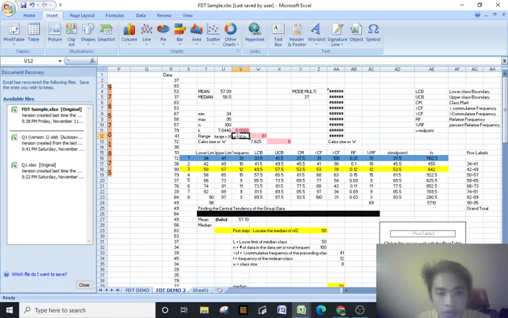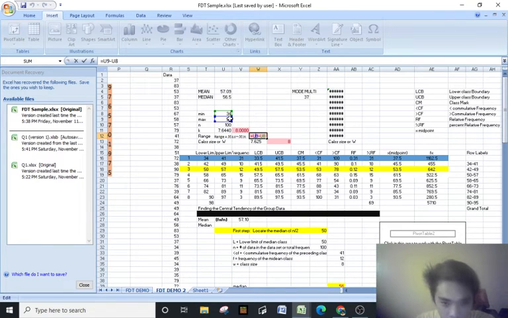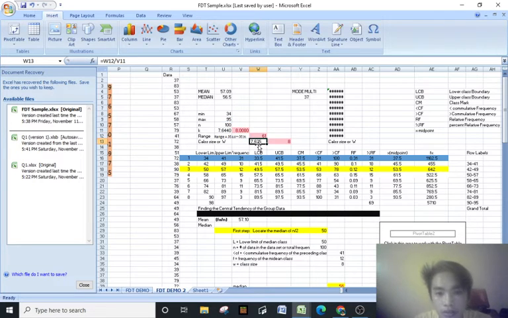Then to get the range, you must subtract the min from the max. U9 minus U8, so it's 95 minus 34. The answer is 61.